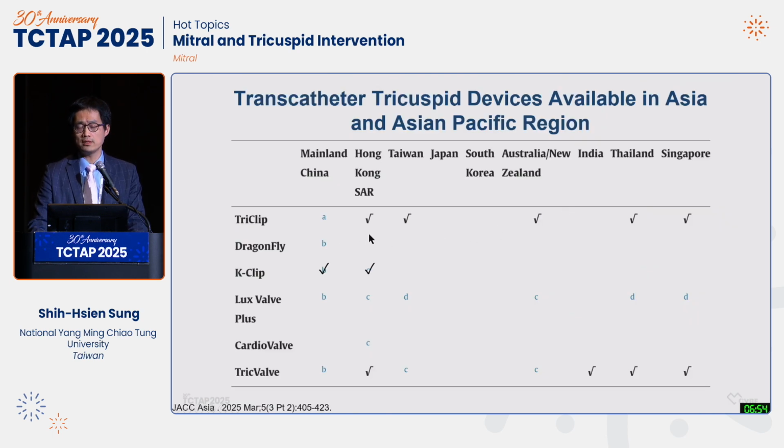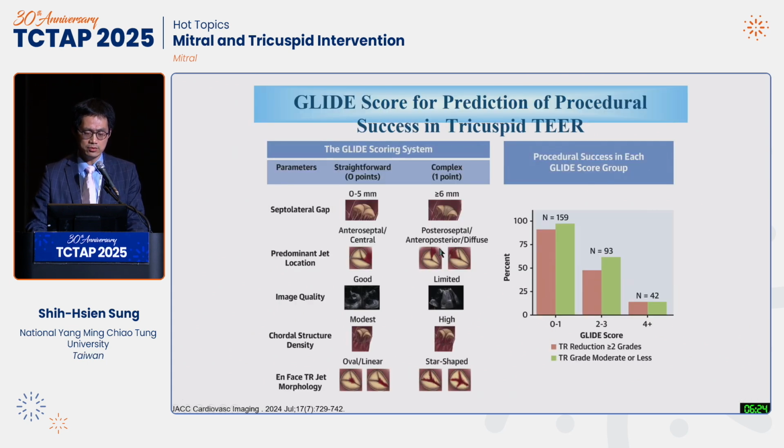The most available device would be the TriClip, which is available in the majority of Asia-Pacific countries, and the TricValve might also be more widely available. The K-Clip has just been approved last month, so Hong Kong would probably have that. Otherwise, the other technologies can be accessed by compassionate use or in clinical trials. So device availability in Asia-Pacific is really limited.